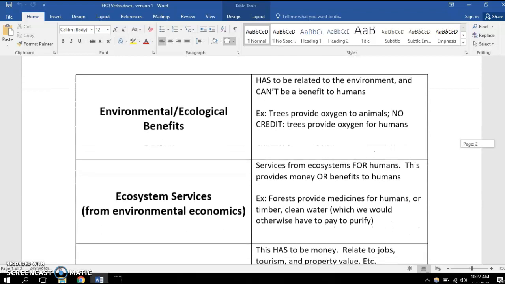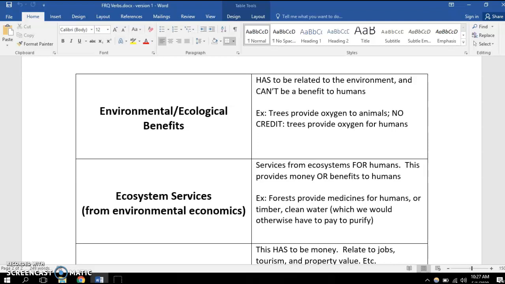Some other things that you might see that we're starting to look at are environmental versus ecological versus economic types of effects and benefits. So if you're talking about environmental and ecological benefits, that is only related to the environment. It cannot benefit humans.